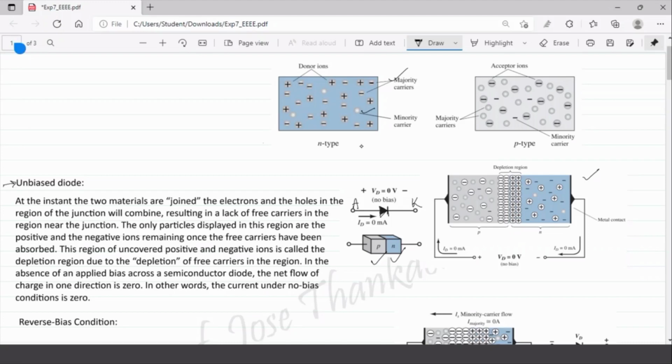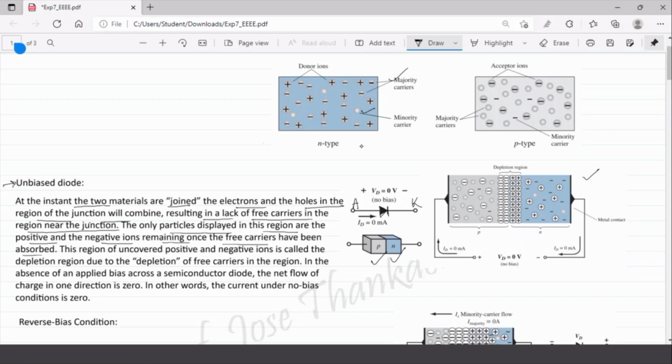Whenever we join these two semiconductor layers together, at the instant these two are joined, the electrons and holes in the region at the junction will combine and they will result in a lack of free carriers in the region near the junction. So the only particles in this region are the positive and negative ions, which remain once all the free carriers have been absorbed.